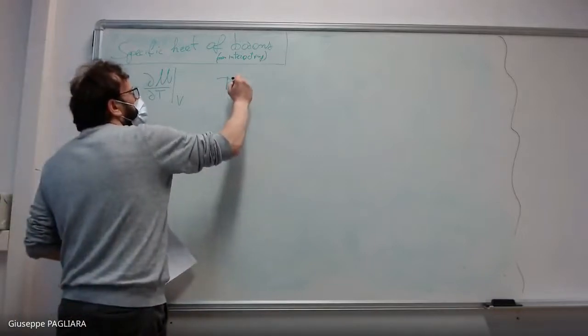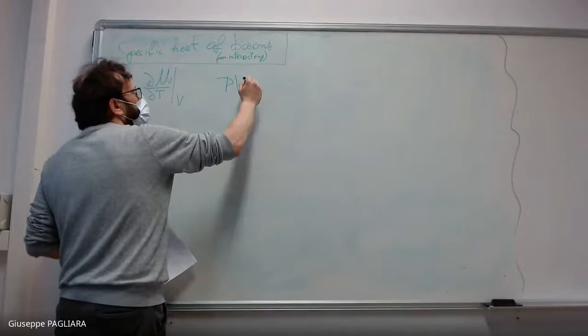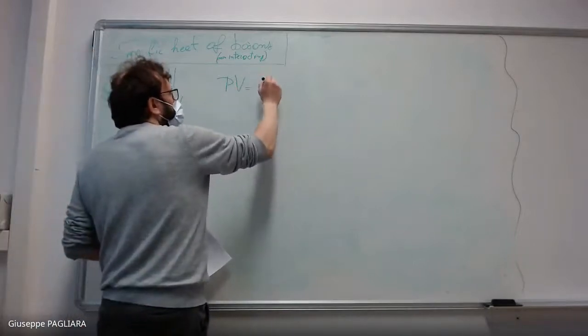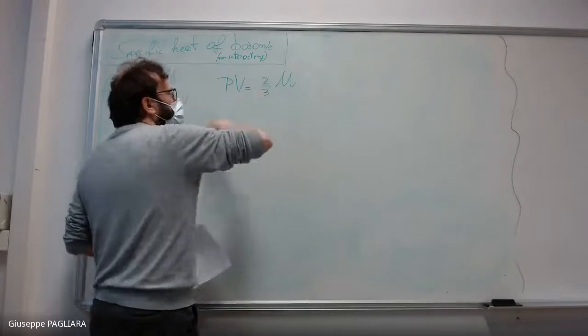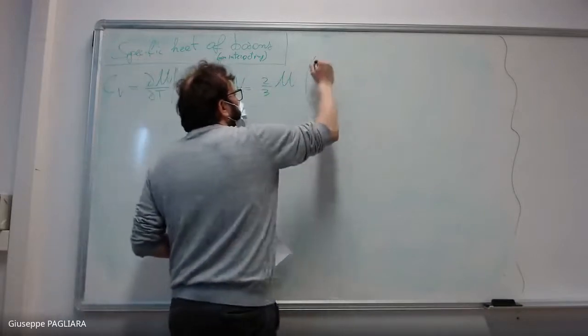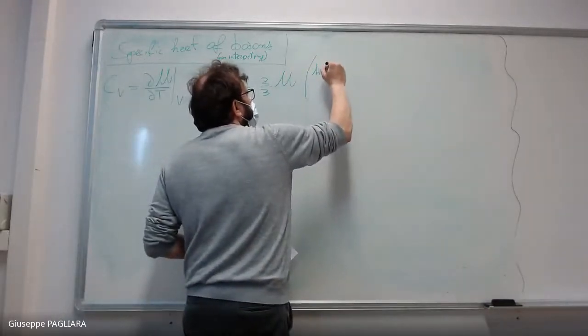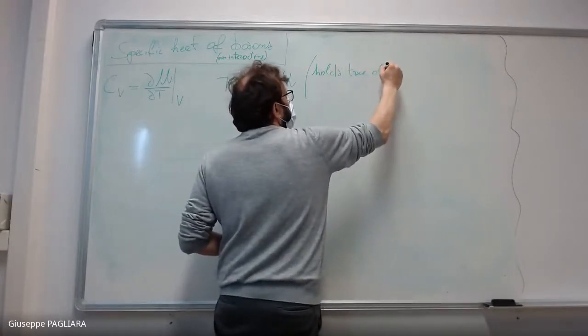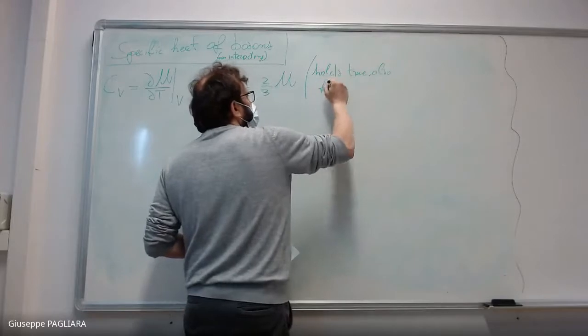Now we know that PV is equal, and we proved that, to 2/3 of U, which is the classical result, and this is all true also for bosons.